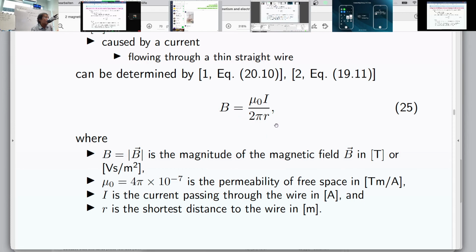Yeah, you have 3 variables at the denominator on the right hand side, and you have to move them to the left hand side, right? So 2 pi r is going to appear on the left hand side, but not at the denominator position. It's going to be in the numerator position. And mu0, which is a constant, 4 pi times 10 to the power of -7, you have to move it also to the left hand side, right?